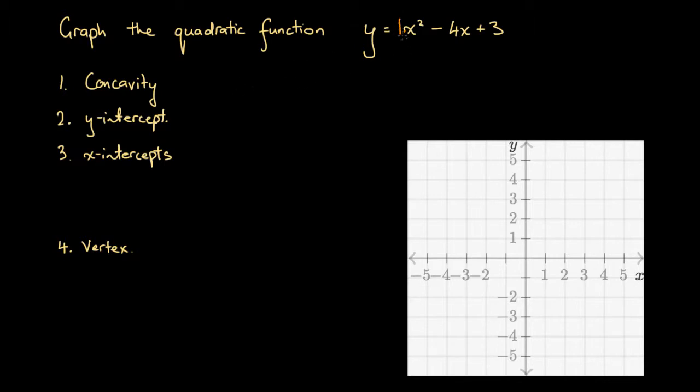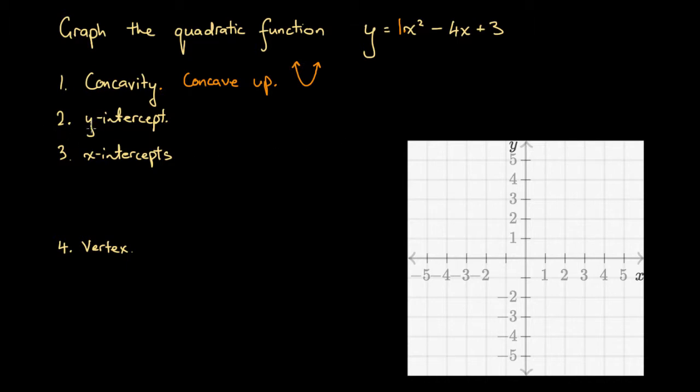In other words, the x squared variable has a coefficient of 1. So because the coefficient is 1 and 1 is greater than 0, we can state that this function is concave up. And because it's concave up, we know that the function will look something like this on this set of axes.